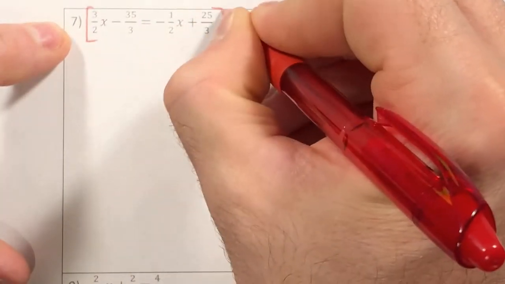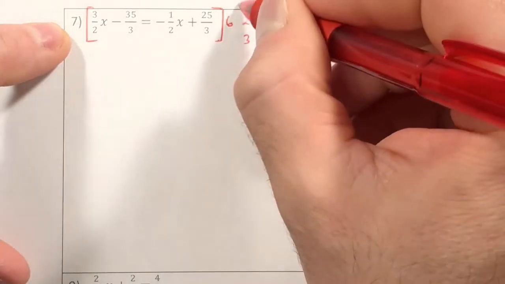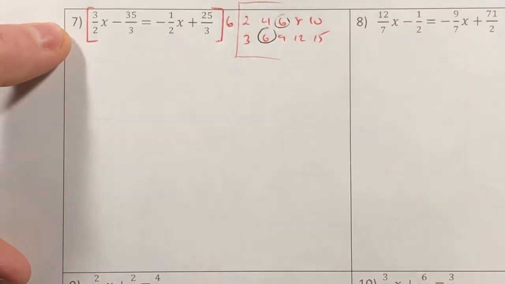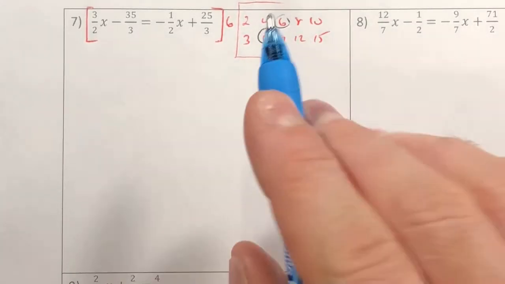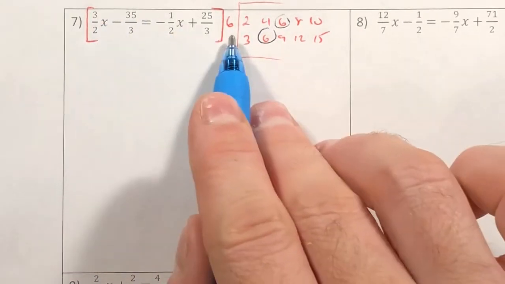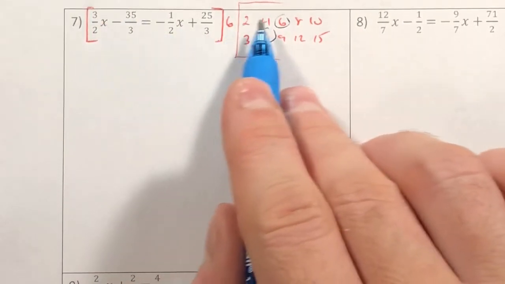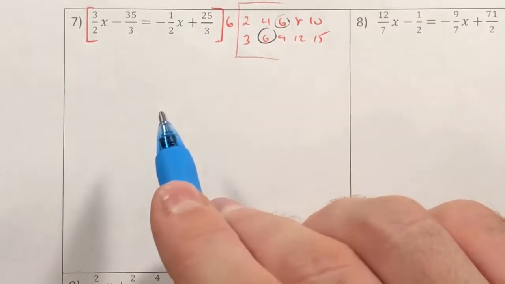So now I go through here and I multiply everything by a 6. Let's just separate that, so that way we visually know that that's not what's going on over here. Okay. So as I go through and I multiply everything by 6, it's 6 times 3 divided by 2, 6 times 35 divided by 3, 6 times 1 divided by 2, and 6 times 25 divided by 3.